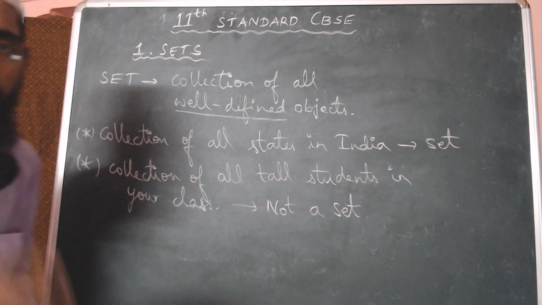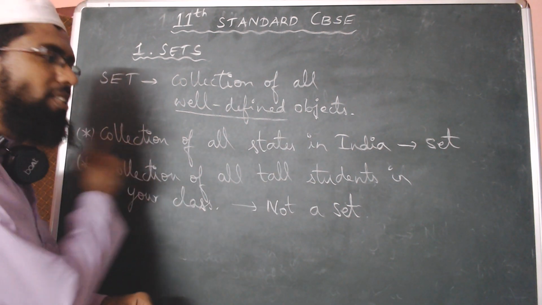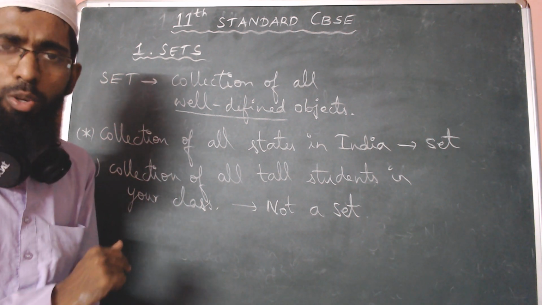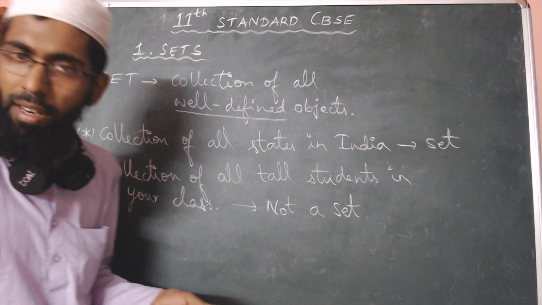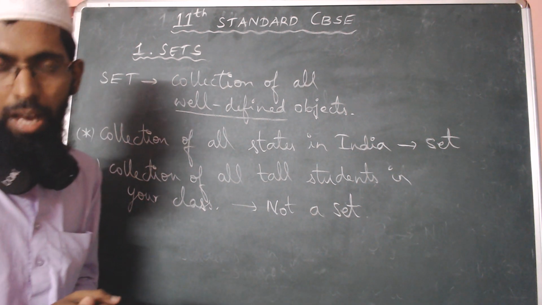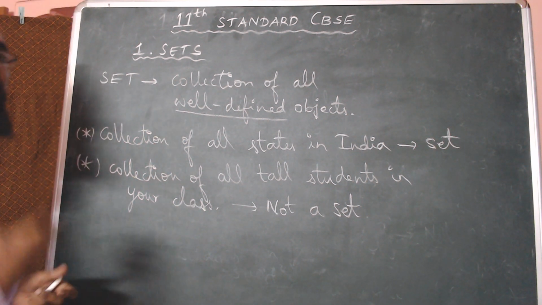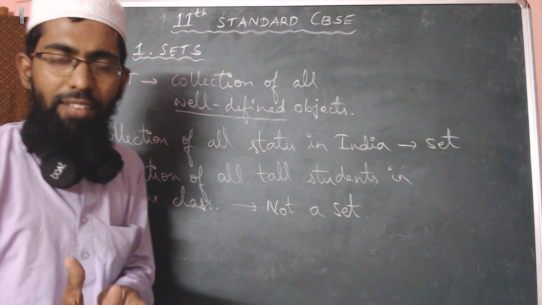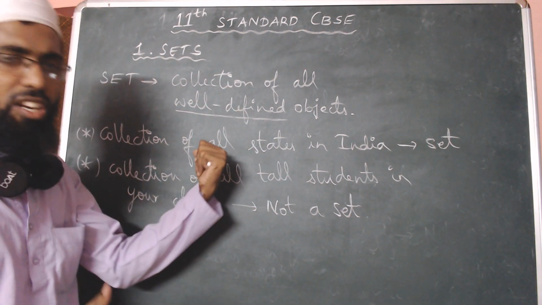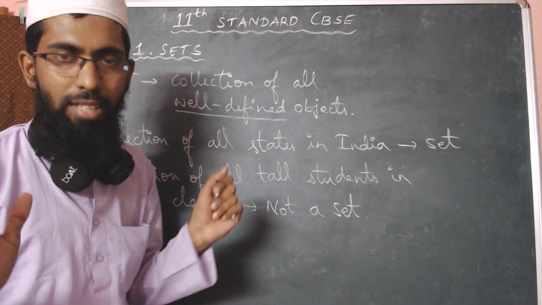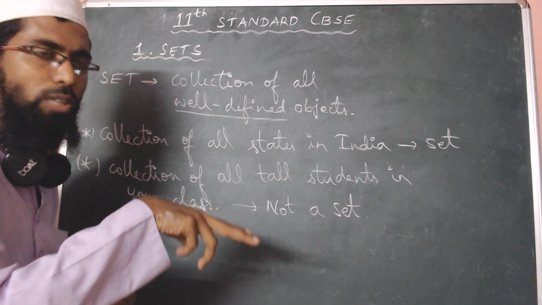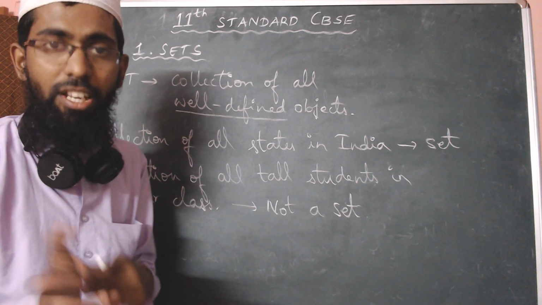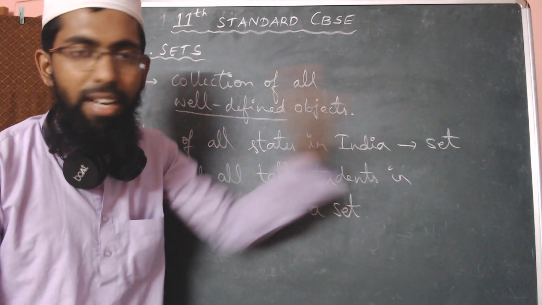Now if I ask whether New York belongs to this collection, you can clearly tell that it does not, because New York is not a state in India. So if I take any element, you can clearly tell whether it belongs to the collection or not. Such a collection we call a set.